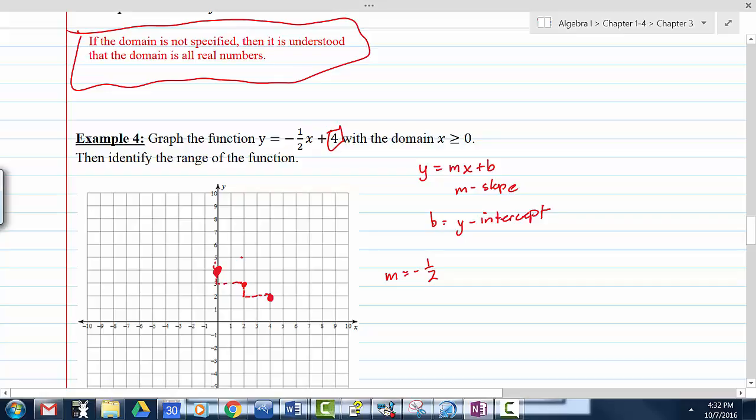And I can draw a line through those points, right? So let's see. Now I have a line through those points right there. But my domain is x is greater than or equal to 0. Now what you should see is x is pretty much the x-axis.